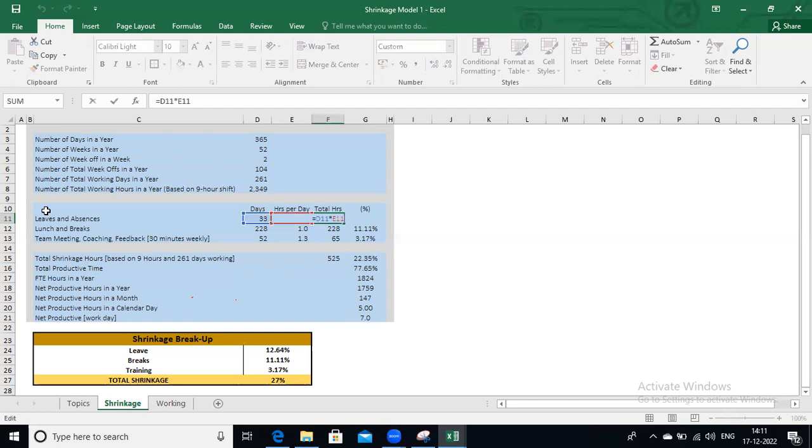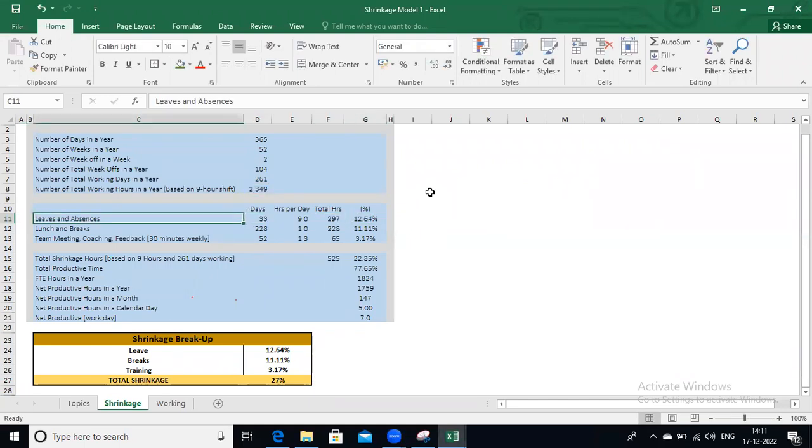I have multiplied by the hours and divided these hours by the total working hours in a year. For any new process where I do not have any trained data, I take the out of office shrinkage based on leave and absenteeism. Hope it is clear.